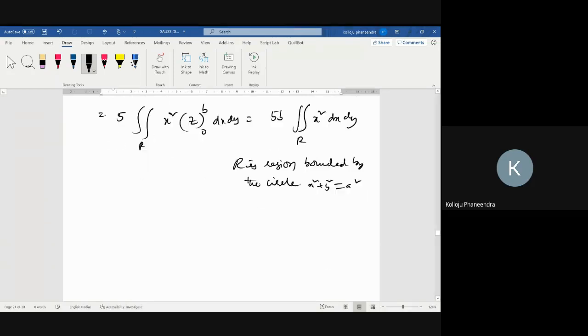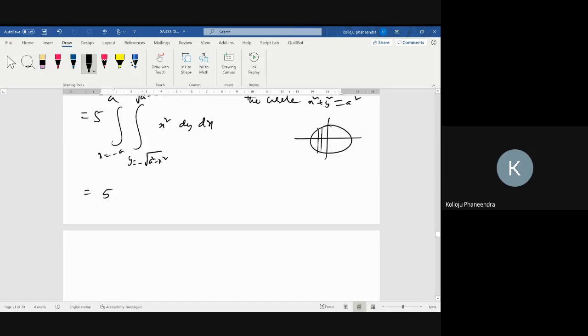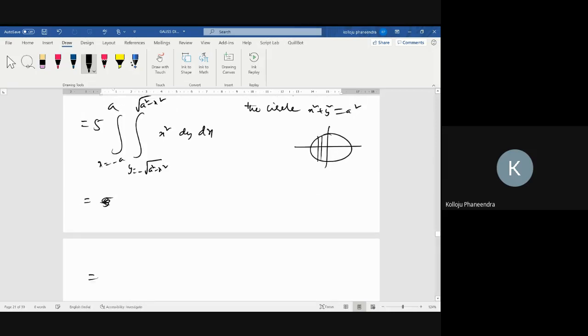You know the circle, and you consider a vertical strip: y equal to minus root of a square minus x square to plus root of a square minus x square, x equal to minus a to a, x square first dy then dx. So 5 times, x equal to minus a to plus a, this is an even function.